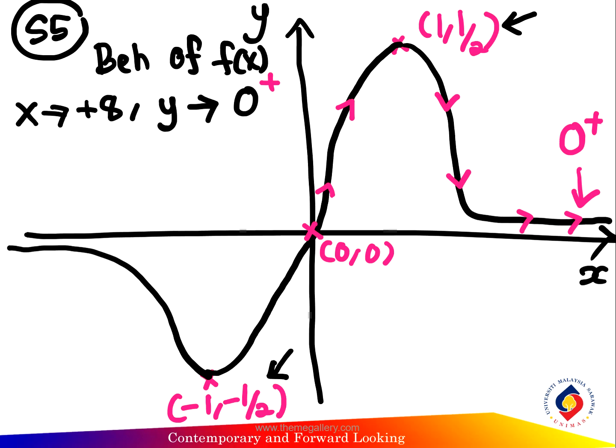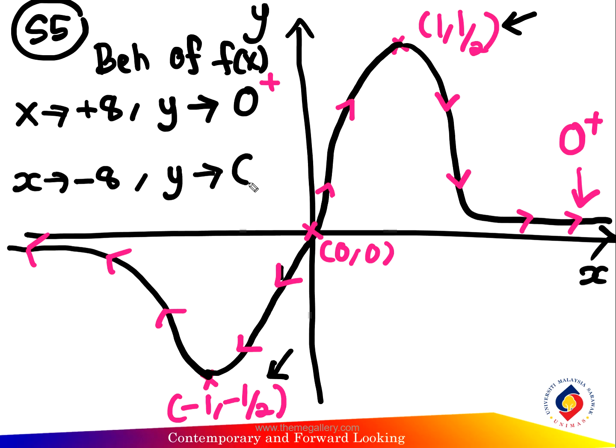Okay. And second, when x decreases to negative infinity, start at the origin, start at 0 here, -1, -10, -100, -100,000. And here, y approaches 0 at negative infinity.